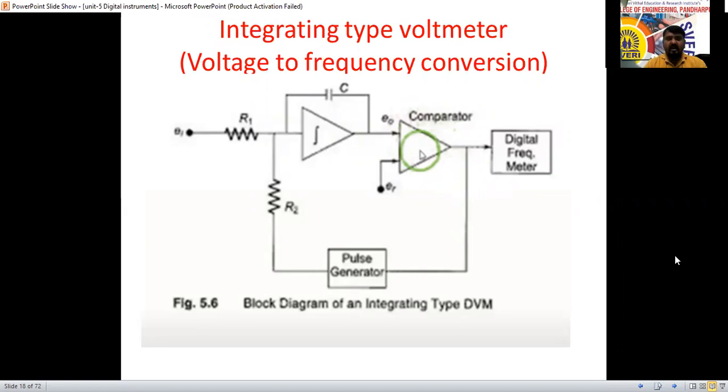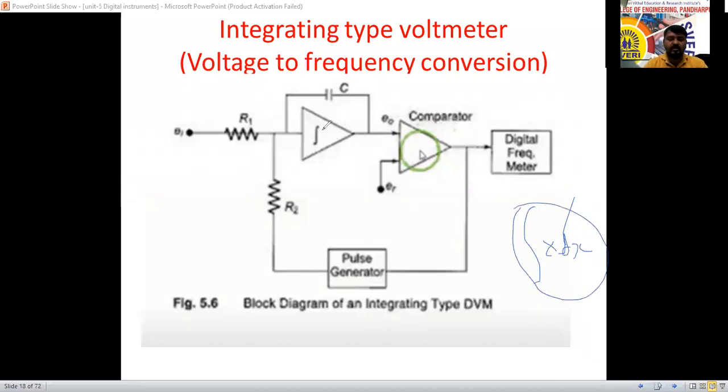Same as the ramp type, here also we are using a ramp system pulse generator. Now, here we are using an integrating system. So this symbol is integration only, no? Integration of x dx, like that we are going to use.